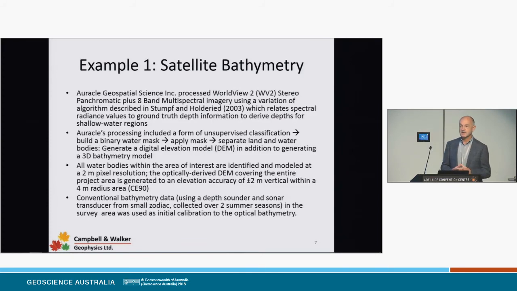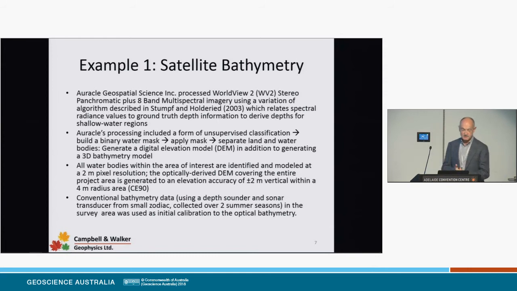So the client recognized the need for survey-wide bathymetry control, and we wanted to build that into the DEM and provide that to the contractor so it could be incorporated into a true 3D terrain correction, what I call 3D terrain correction.